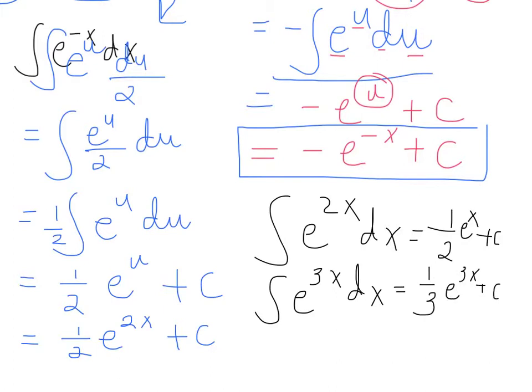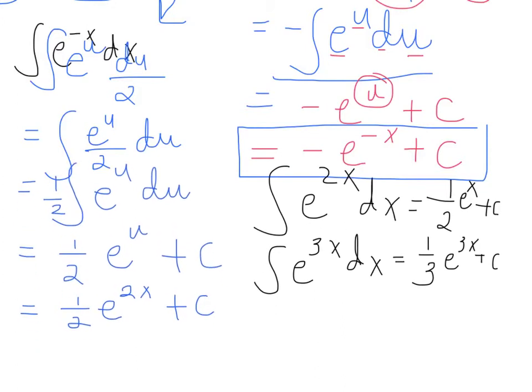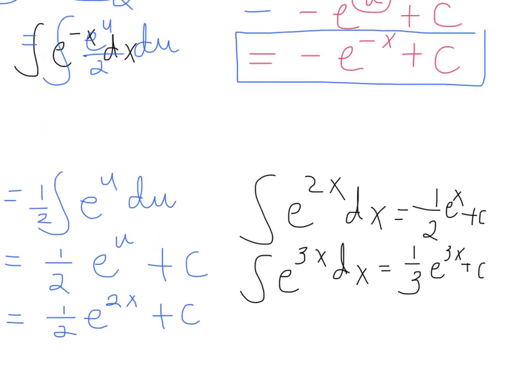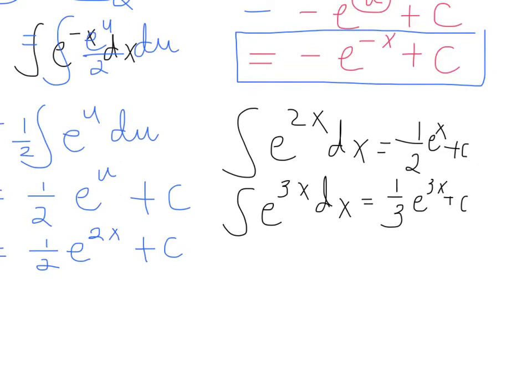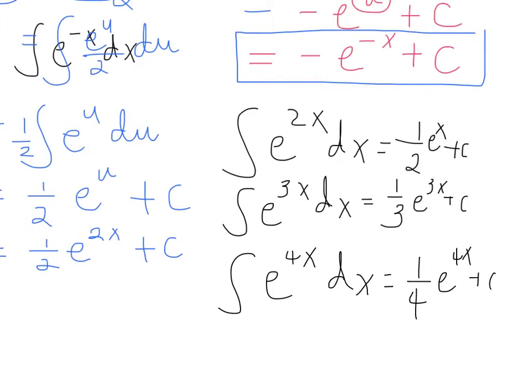Do you see the pattern? If I will integrate e to the 4x, what do you think will be the result? If you say that it's 1/4 e to the 4x plus c, then that means you're correct. Okay? So can you see the pattern?